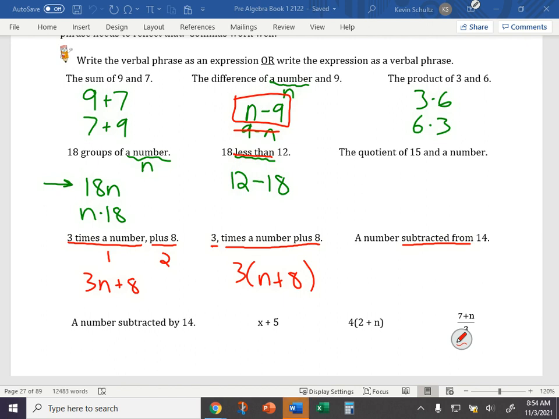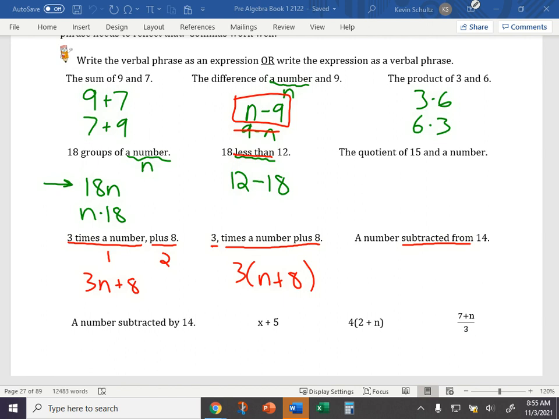So notice the difference here. 3 times a number, that's together. That's 3 times n. Then we add 8. Order of operations says we multiply first anyway, so we don't need parentheses. But in 3, comma, times a number plus 8, that number plus 8 is together. And because that goes against the order of operations, we would need parentheses here.